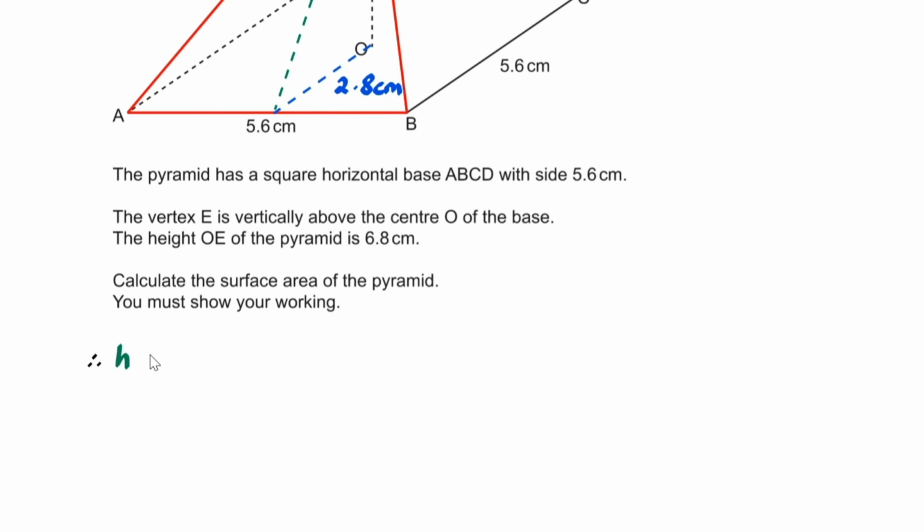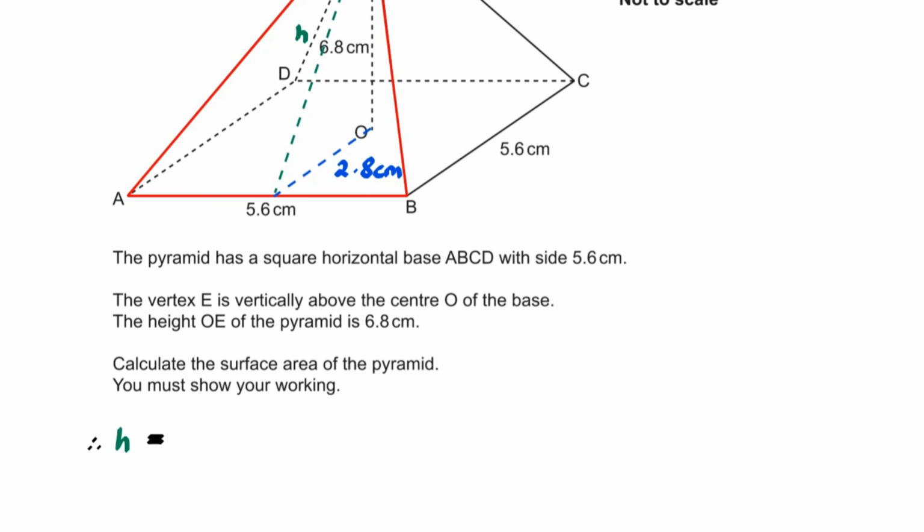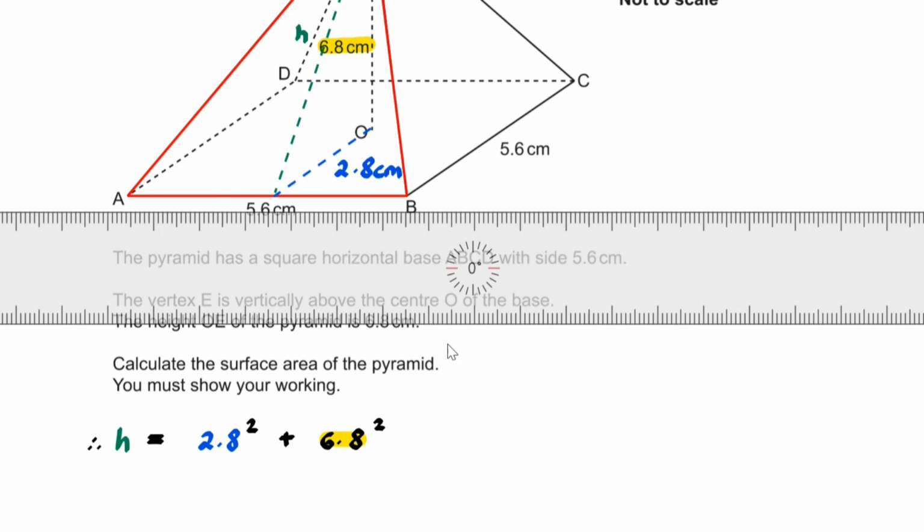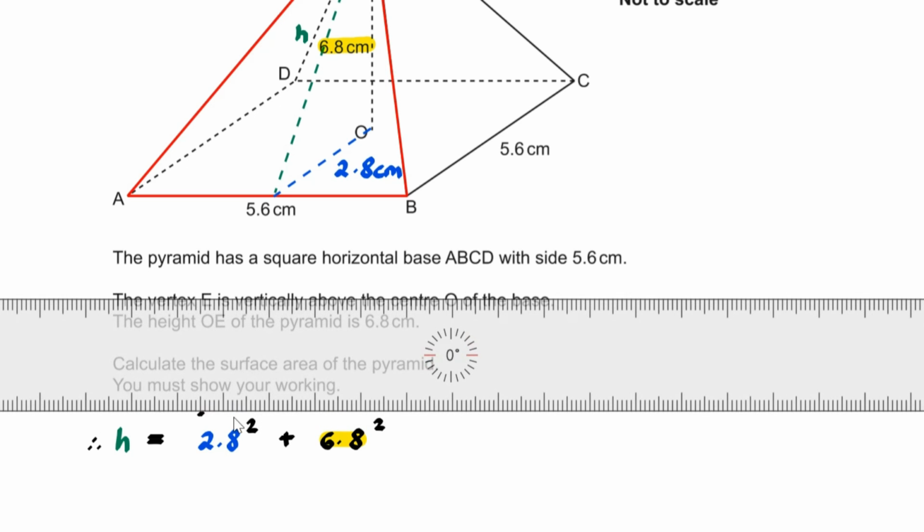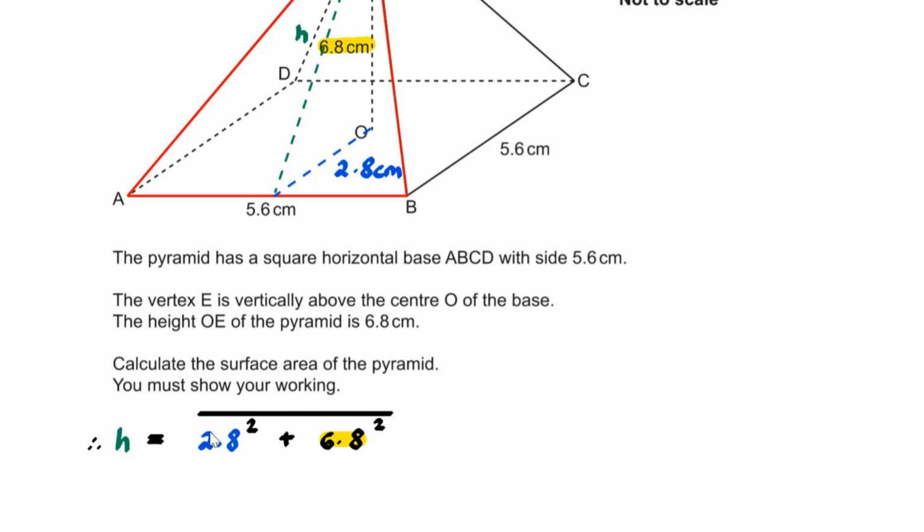That's equal to, well, what we would have here is 2.8 squared plus, now we're going to add on 6.8 squared, and through Pythagoras we need to find the square root of this.